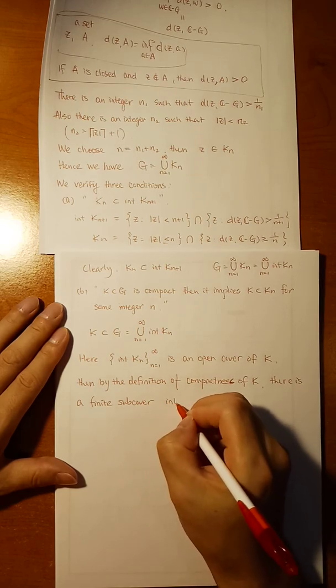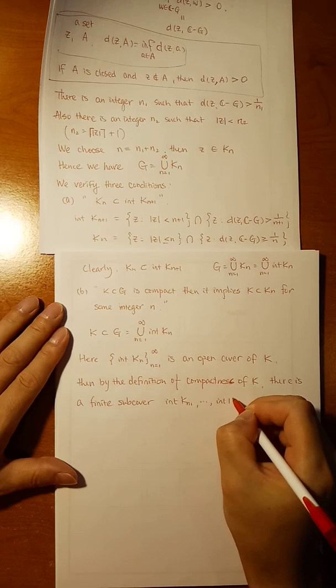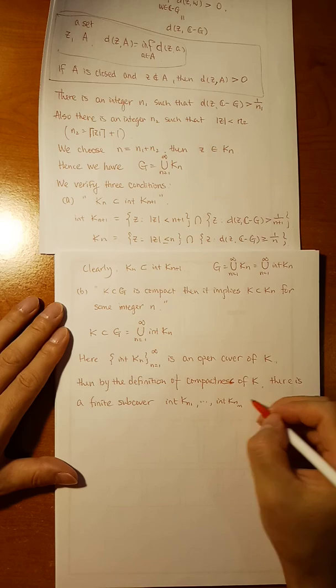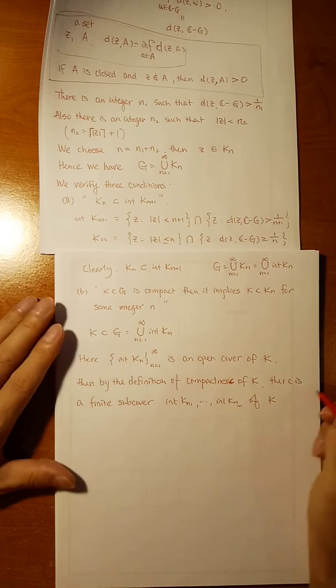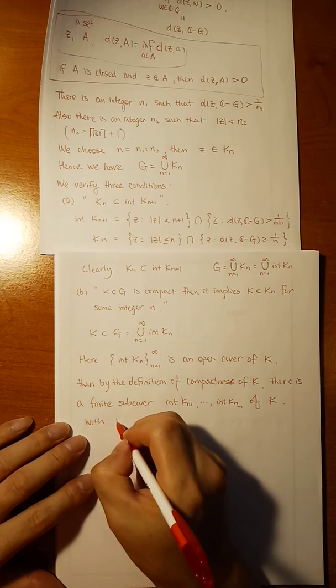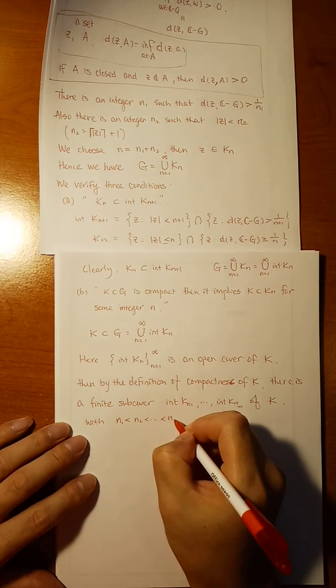For example, we say the interior part of Kn1, up to the interior part of Knm, covers K, with n1 less than n2 less than nm.